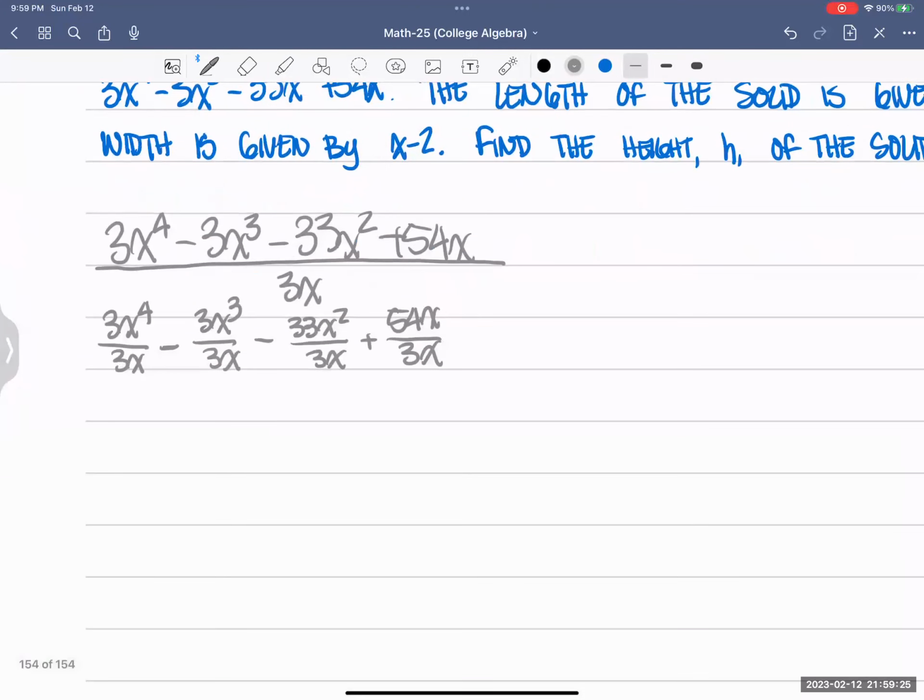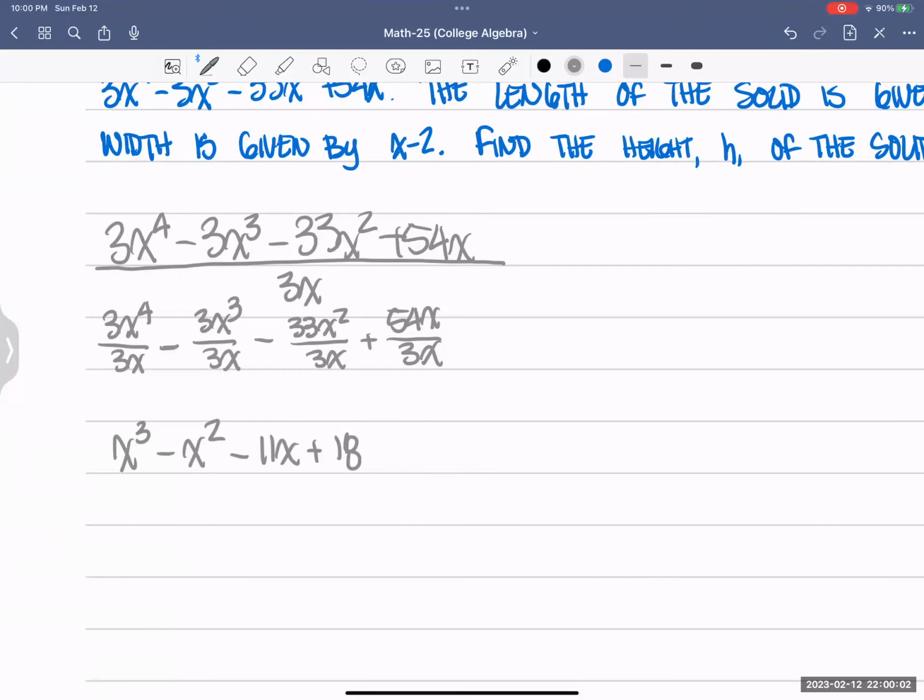Simplifying it, we have x to the power 3 minus x to the power 2 minus 11x plus 18. So this is our result.